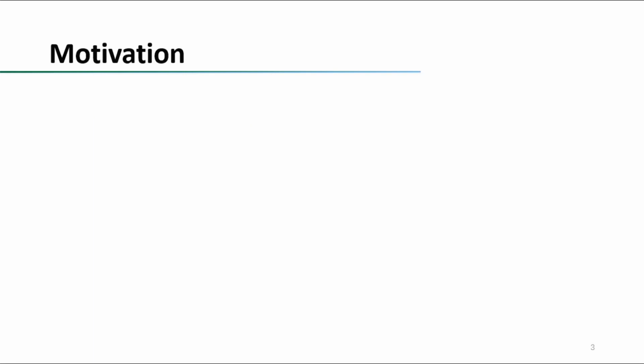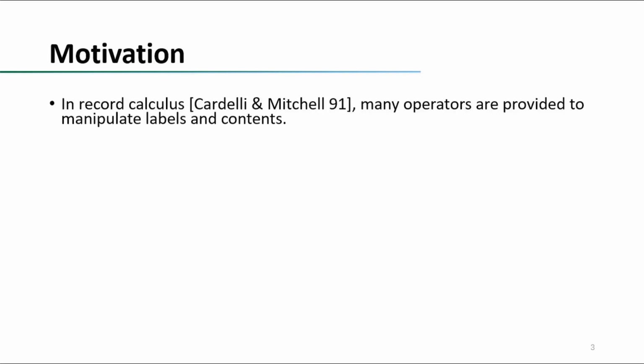Actually, we can first take a look at a well-studied subcase of resolving merge conflicts, that is the record calculus. Record calculus provides you many operators to manipulate labels and contents inside it, and there are concatenation and extension operators for you to extend the record.